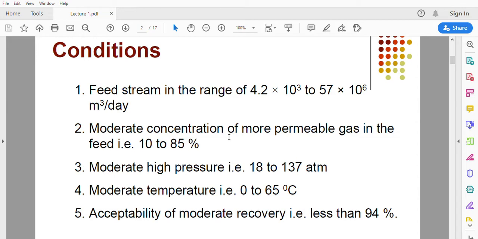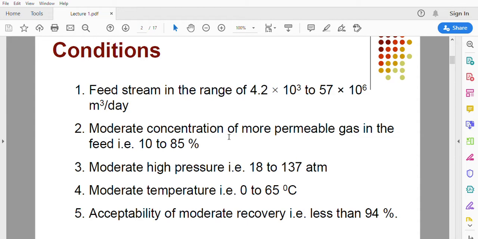If the pressure of the gas is low, then the driving force is very low, so you will not get an adequate flux. And if the pressure is very high, like 300 atm or 400 atm, then your membrane cannot sustain that mechanical force, because most of the membranes used in this process are polymeric membranes. So you cannot use very high pressure. Pressure should be in the moderate to high range.